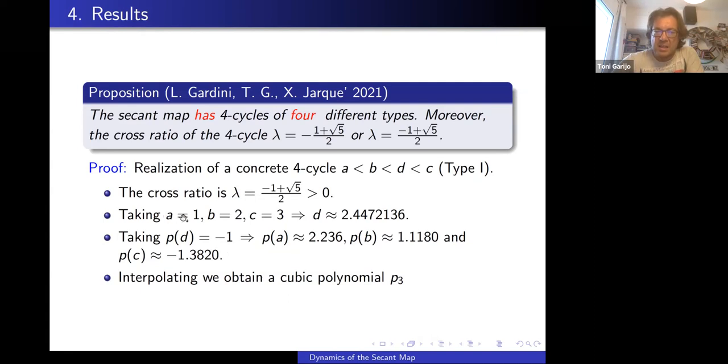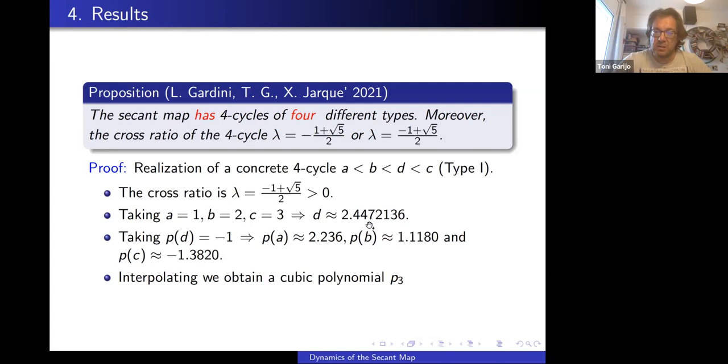So there is a polynomial of degree 3 interpolating these values and having a 4-cycle.